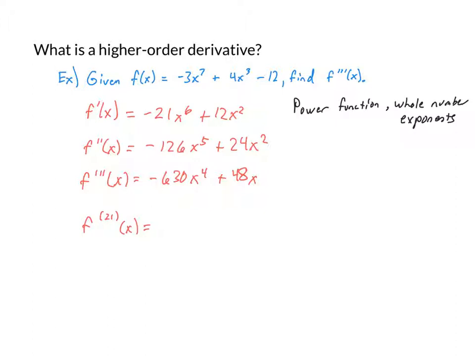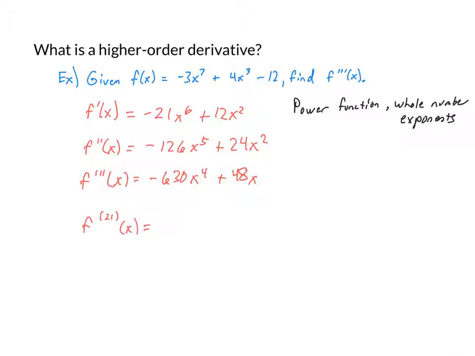Now, the notation I wanted to teach you here is that it gets a little cumbersome to keep adding apostrophes for every derivative that you want to find, and you really can go on almost an unlimited number of iterations for most differentiable functions. You start just writing the number of the derivative that you're trying to find in parentheses, just like this.